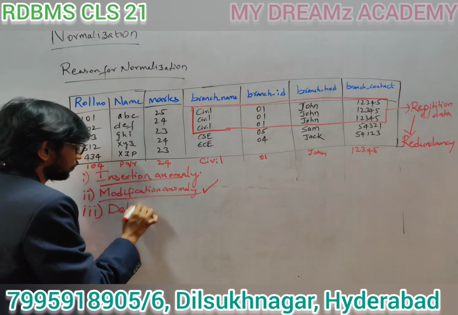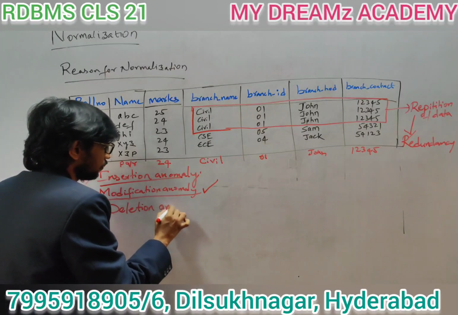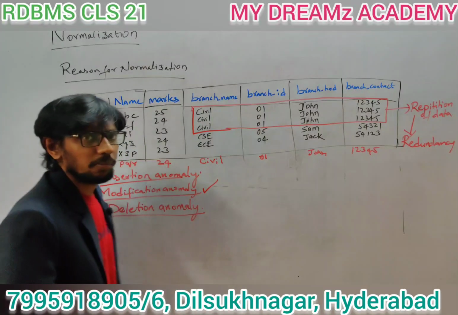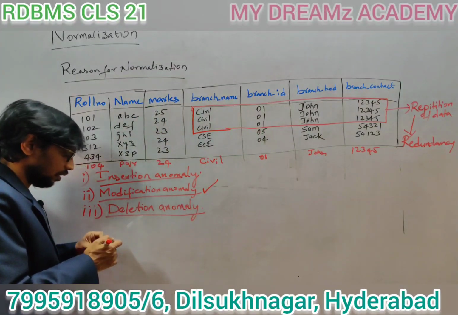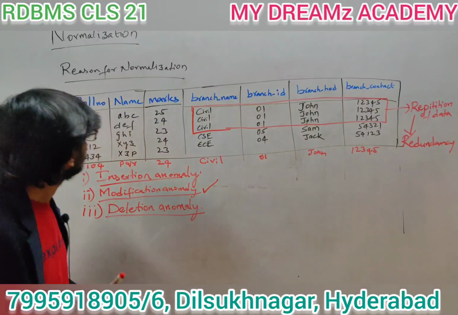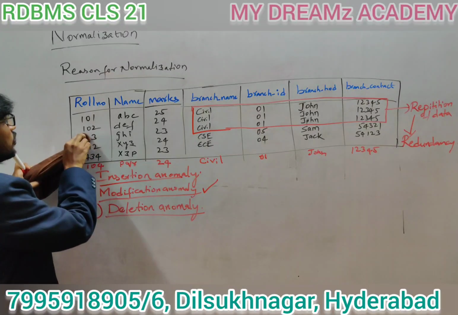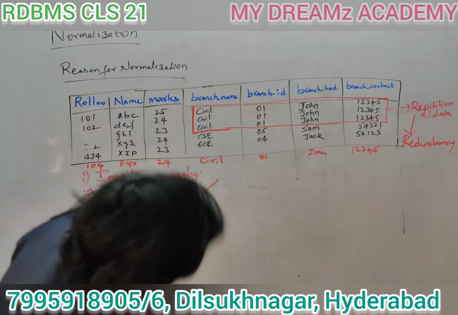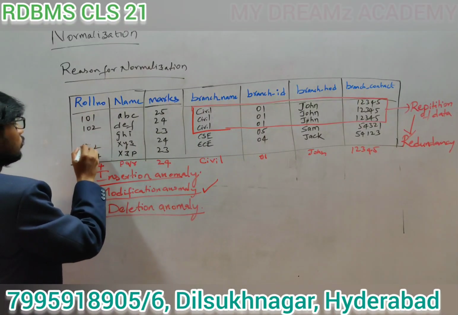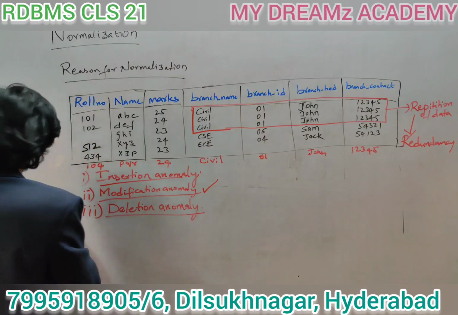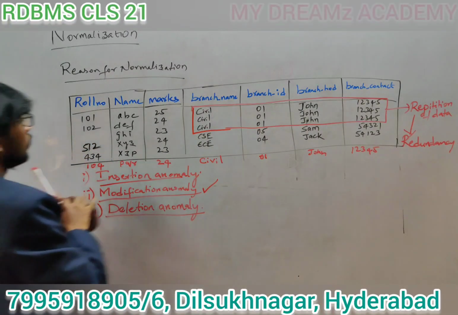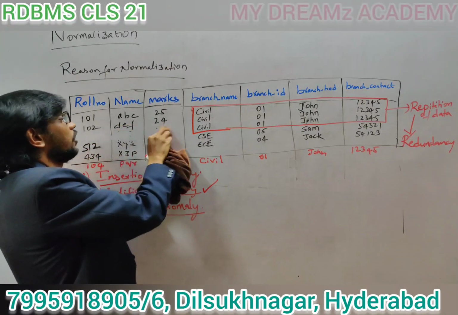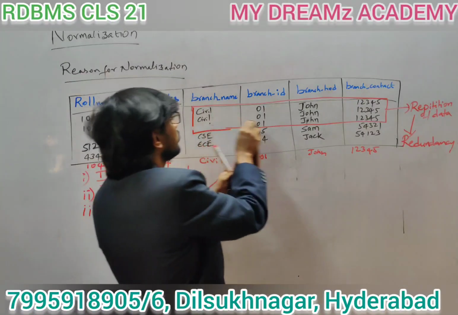deletion anomaly. Now what is this deletion anomaly? See here, this student 101 has transferred to some other college. Now what happens? I'll just remove him. Now I should also delete this information.